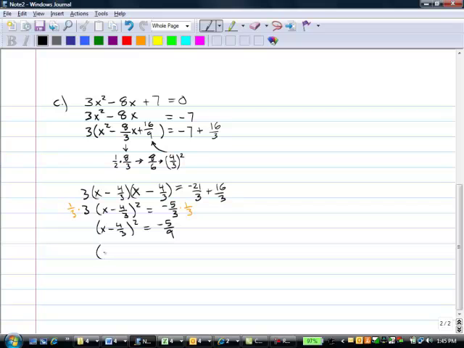Now, if you recall, I'm going to make this a separate step again. Just rewriting what I had, and now I'm going to take the square root of both sides. Put a plus or minus in front. So we get x minus 4 over 3 is equal to plus or minus the square root of minus 5 over 9.